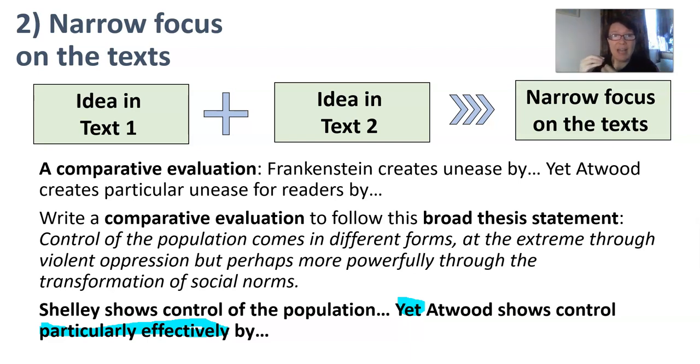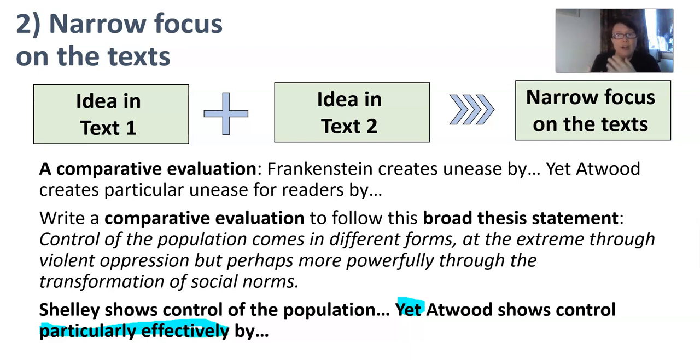Okay, there's slightly less violence in Frankenstein. There is violence because of William's murder and the constant desire between Victor and the creature for destruction, but it's not on the scale, it's not the national, global violence that we see in The Handmaid's Tale. And so this is where you are creating a comparison of the broad thesis statement idea and just saying that this one text has more to say about this.